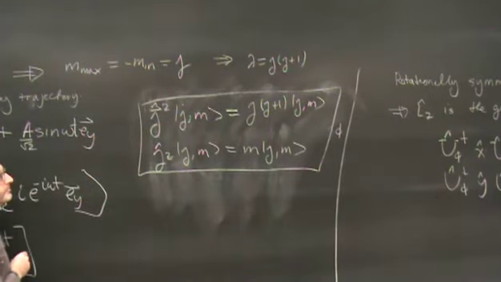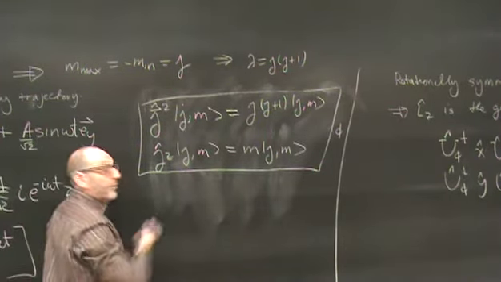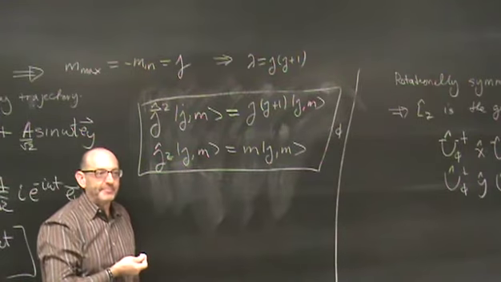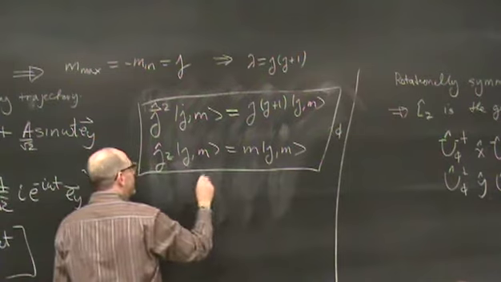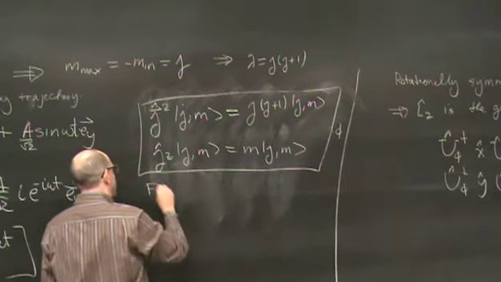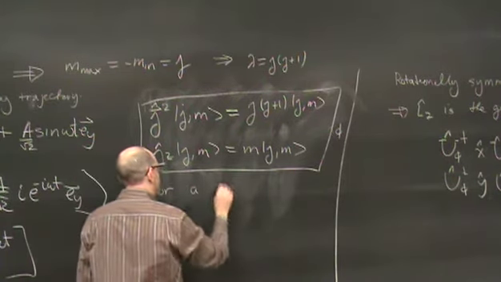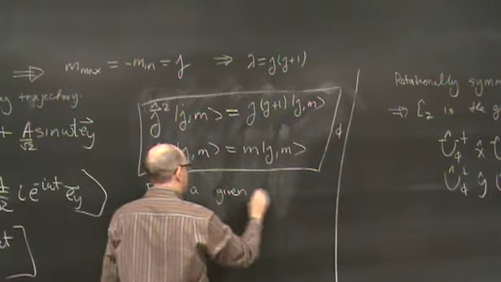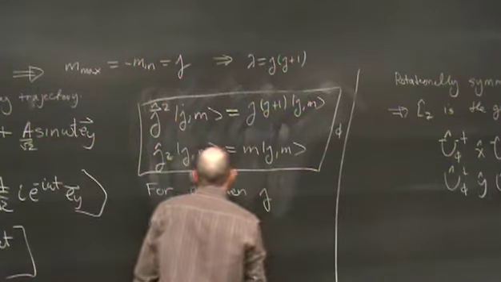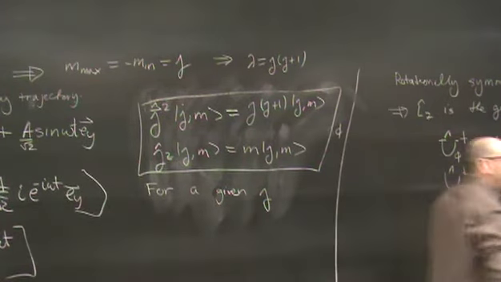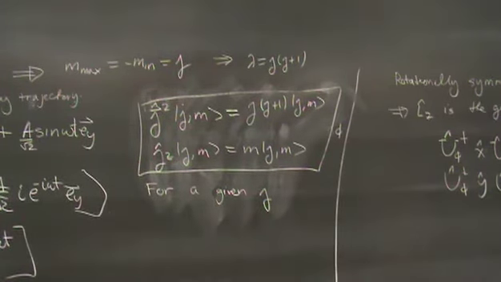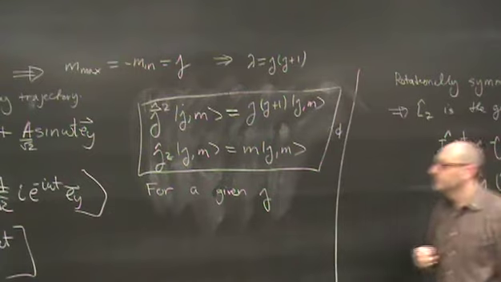All right? We solved the problem algebraically. Of course, for a given j there are a set of different m values that all share the same value of j, right?